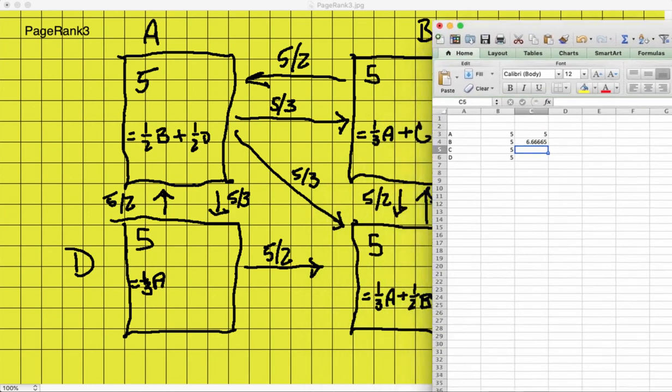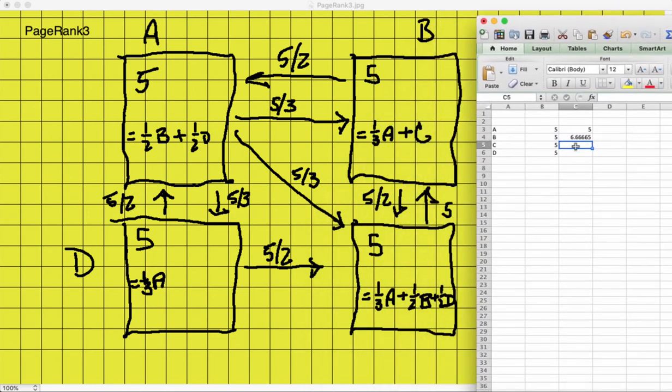And now I have to figure out what is cell C. Cell C is equal to 0.33333 times cell A, which is B3, plus 1/2 of B, so that is 0.5 times, and B is B4, plus, and now I have to do 1/2 of D, so that's 0.5 times cell D, which is B6.